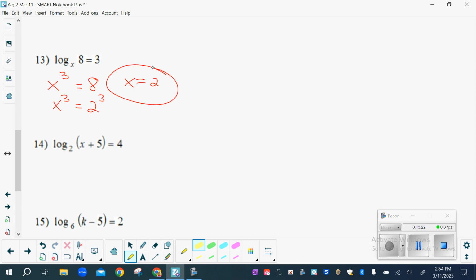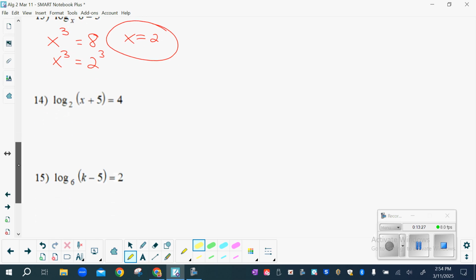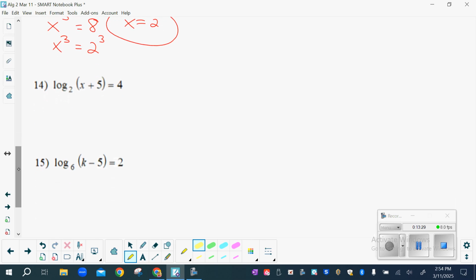Okay, this group here. Set up number 14 for us. It might look hard, it's not. Good.